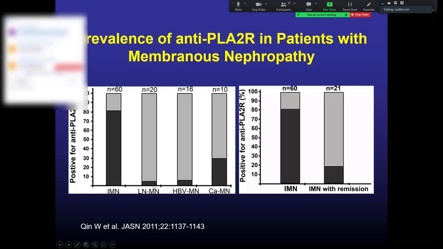A very small percentage of patients with lupus membranous, or class 5 lupus, had antibodies, as did hepatitis B related and malignancy related cases. So there might be some overlap between PLA2R antibodies and malignancy, and it does not rule out malignancy completely. It is important that patients diagnosed with membranous are up to date on all their cancer screenings.